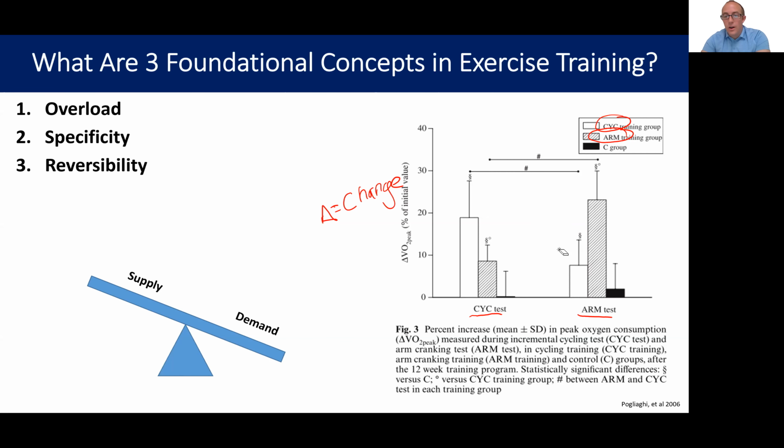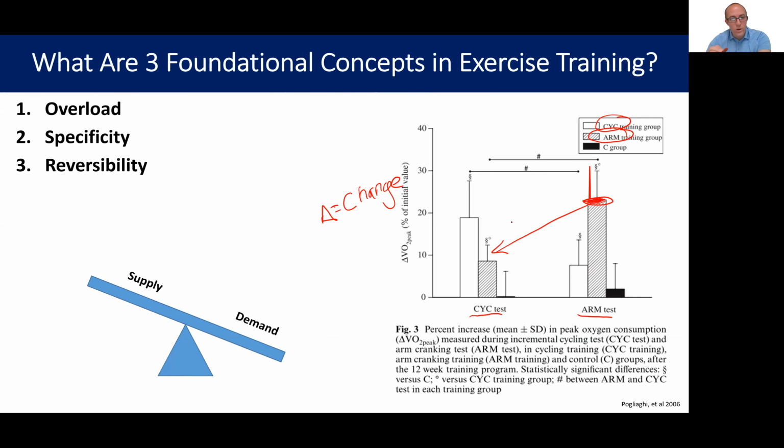Let's look at the arm cycling group. The arm cycling group, when you looked at their VO2 max during arm cycling, it went up about 20% or so, right? So they got much, much better. If you put the group that trained with arm cycling on a normal bike, it didn't go up as much, but they still saw a significant increase in their cycling, leg cycling VO2 max.